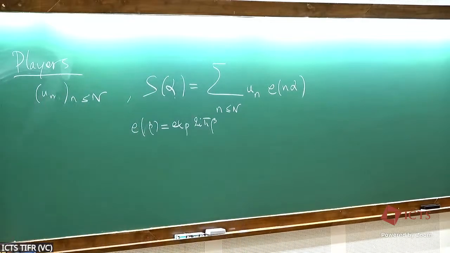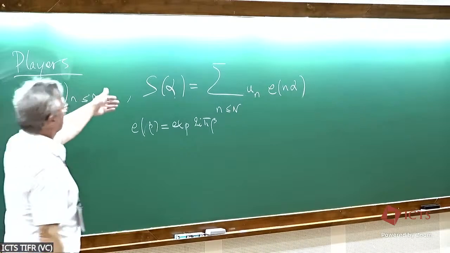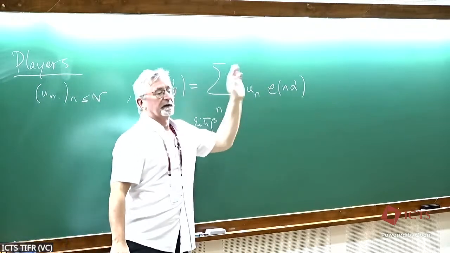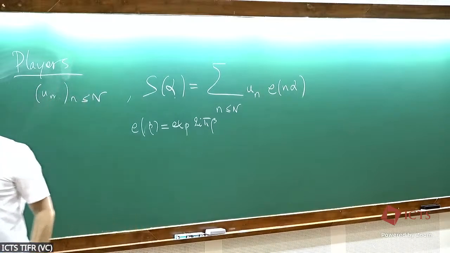You'll see that in the way the circle method was presented, you didn't see this linear form in the u_n, but it will occur during the week constantly.